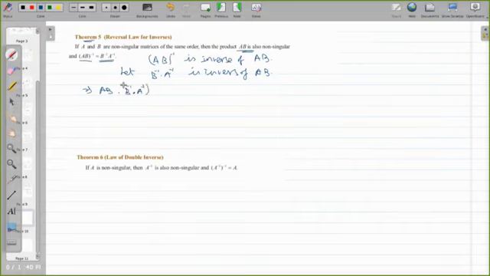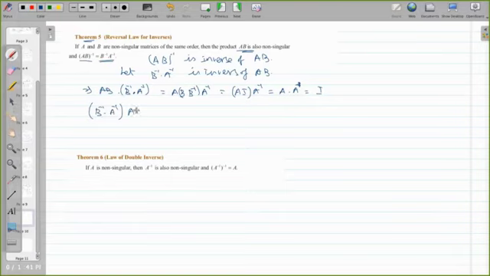Now see, children, I am going to take AB into B inverse into A inverse. You know that B into B inverse is I, into A inverse. We know that A into I is A, then A inverse. A into A inverse is nothing but I. Now see the reverse process also: B inverse into A inverse into AB.